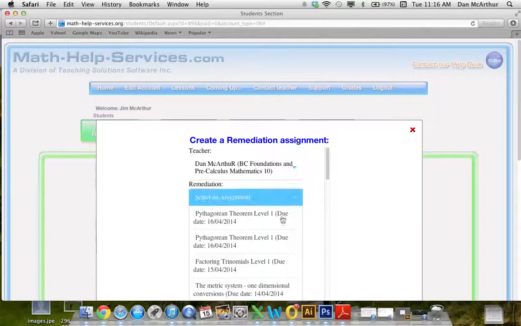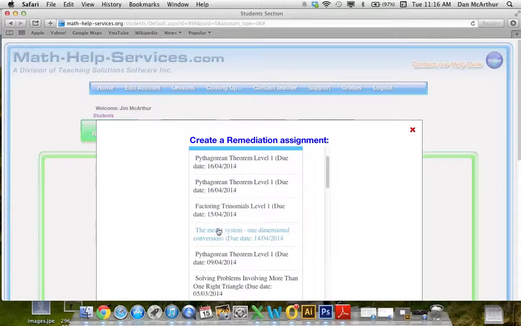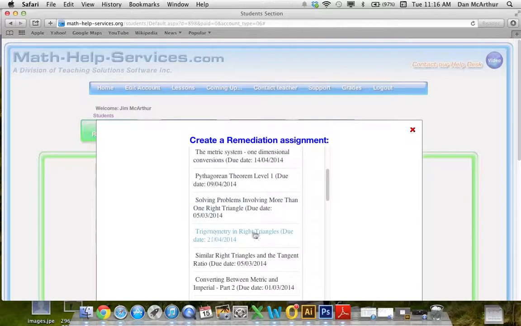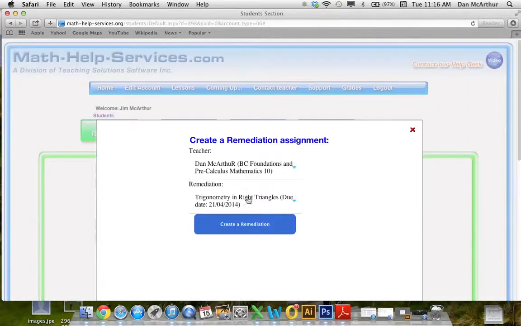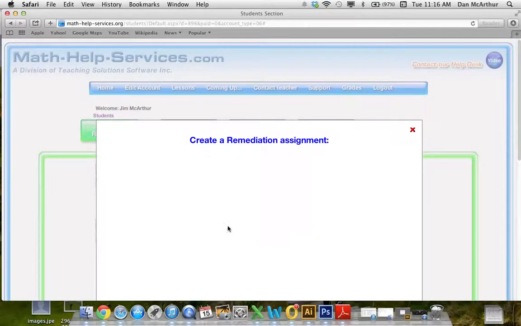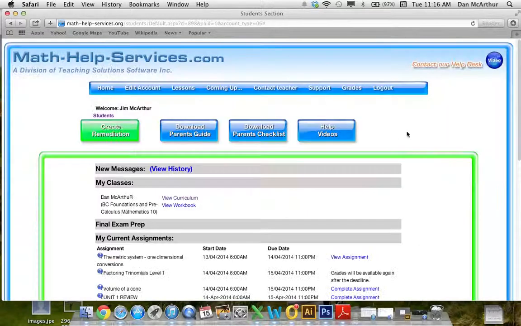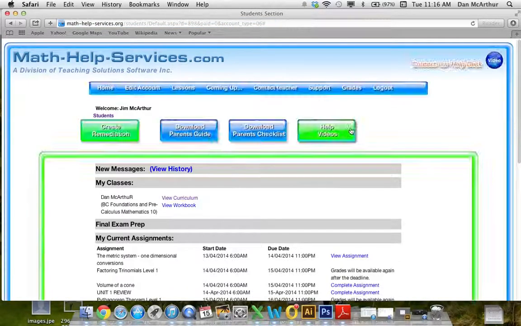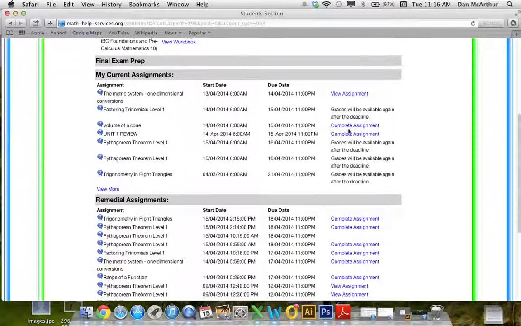And then you can go here, every assignment that was sent out, you can go ahead and request a remedial for it. So we'll just click on this guy here, and then we can create a remediation for this one, and our remedial has been created, okay? So once you do it like that, just refresh your browser, because that came up as a pop-up, and then you can go down, and there's that one for the right triangles that I just created.